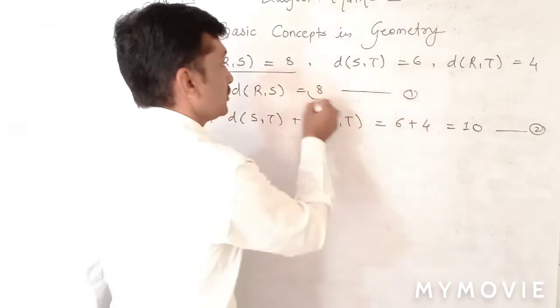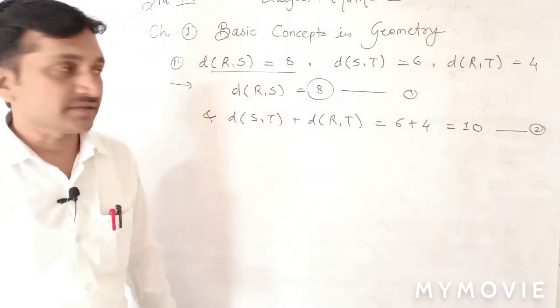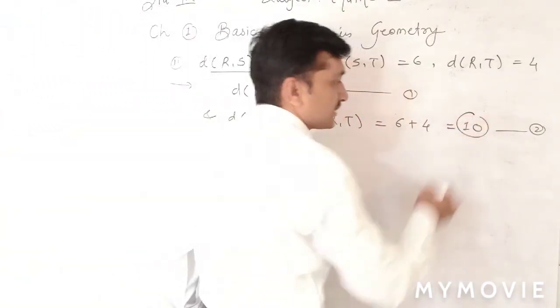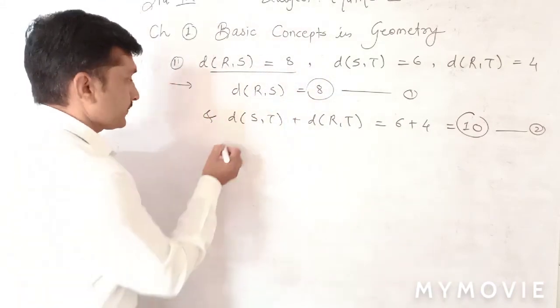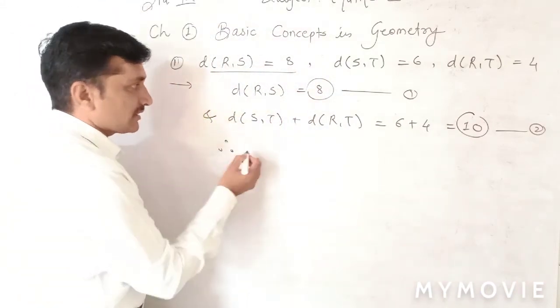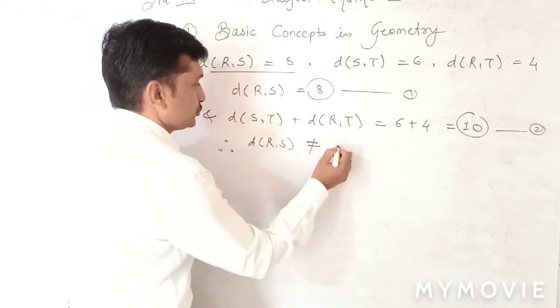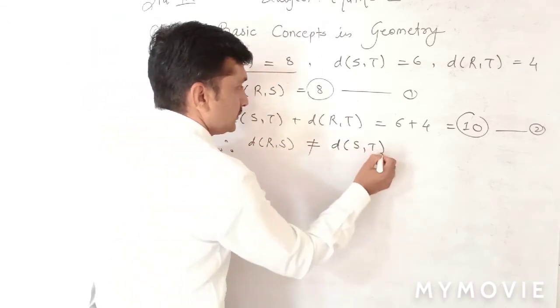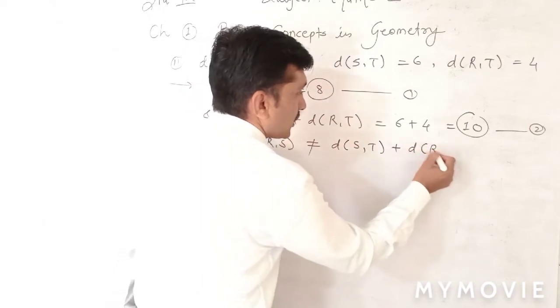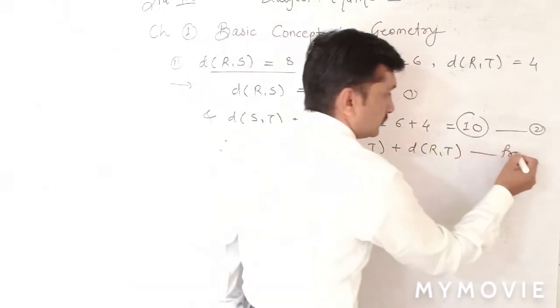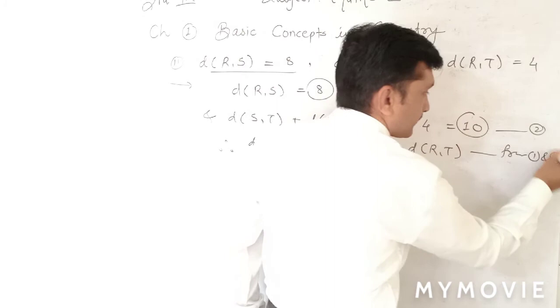Now here you see the right hand side of 1 is 8, the right hand side of second is 10, not equal. Therefore the left sides are not equal. Distance RS is not equal to distance ST plus distance RT, from 1 and 2.